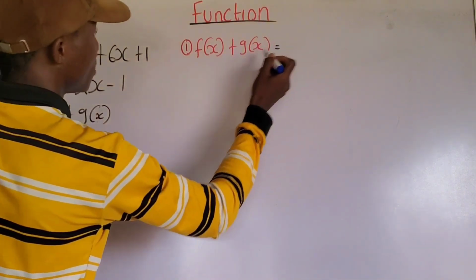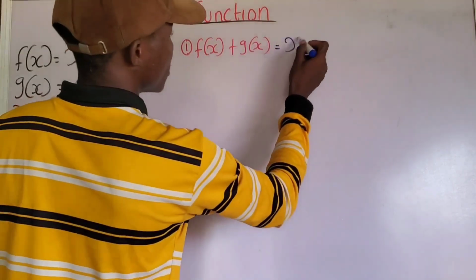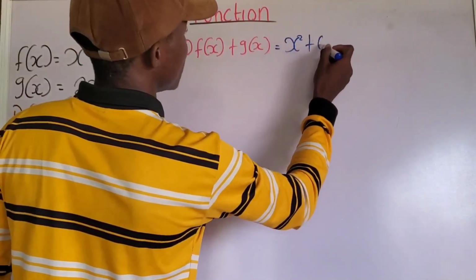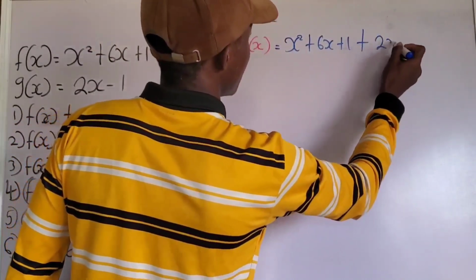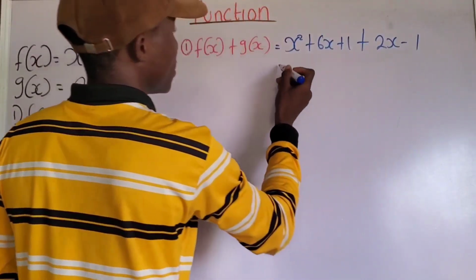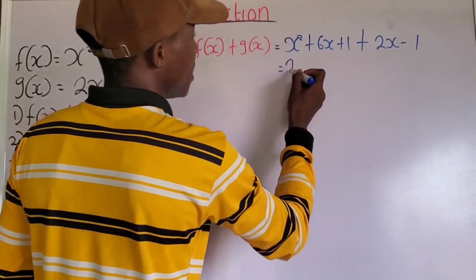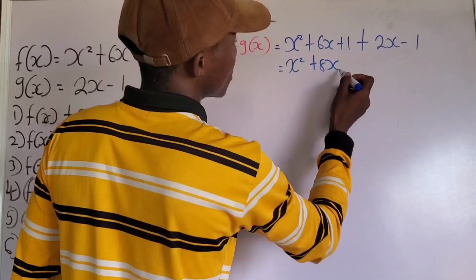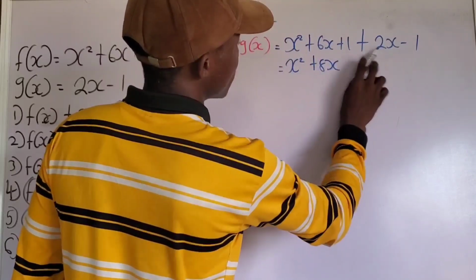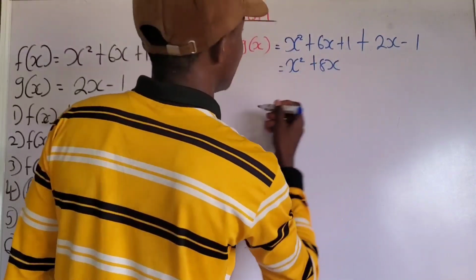So that will be x squared plus 6x plus 1, that is for f of x, plus 2x minus 1. So we're going to have x squared plus 8x, yes, then that's the answer.